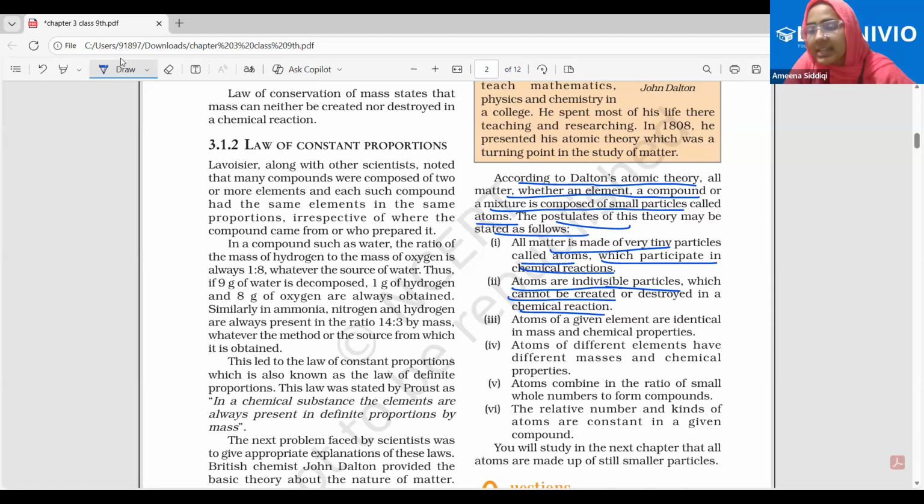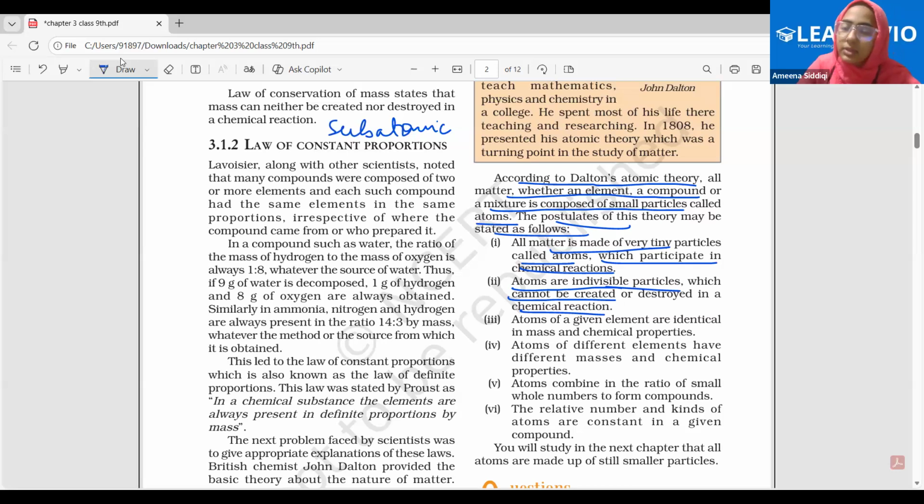As later it was found out that atoms are further divisible into subatomic particles, that is electron, proton and neutron.